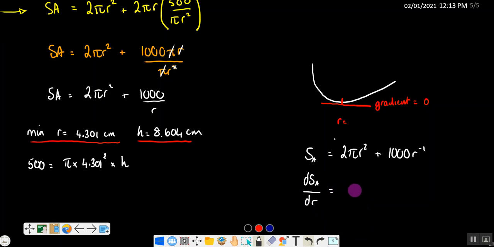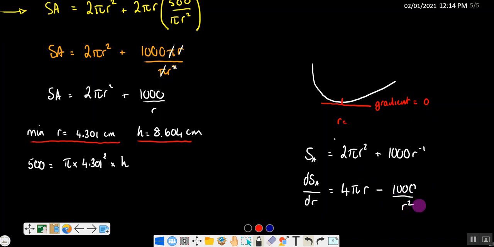So can you tell me what that would be? 4 pi r plus minus 1000 r to the minus 2, yeah? Which I could then rewrite, if we want, as 1,000 over r squared.